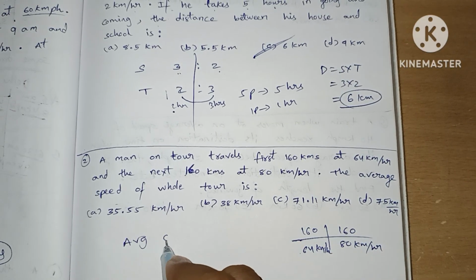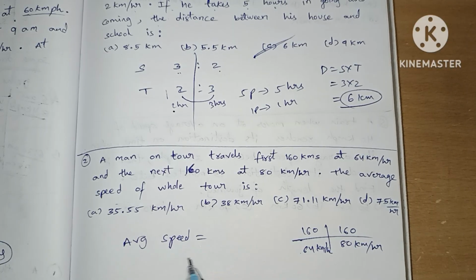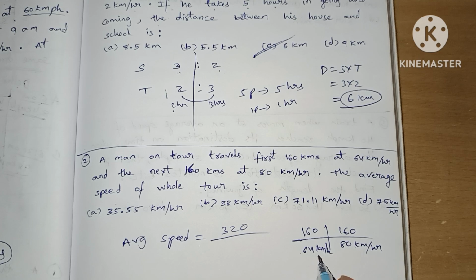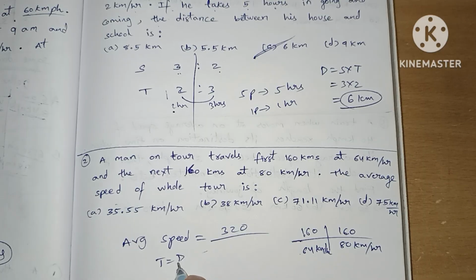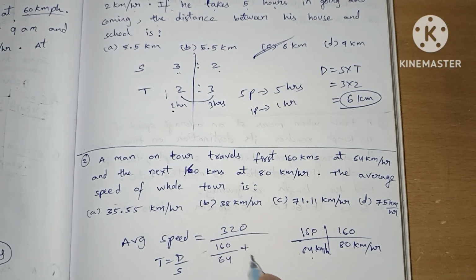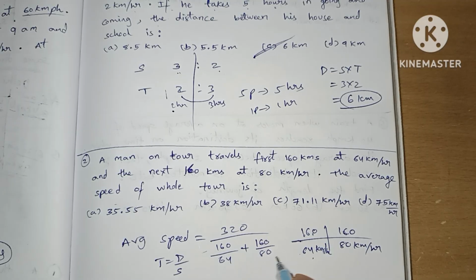Average speed equals total distance, 160 plus 160, 320, divided by total time. We have no time, but we can write time equals distance by speed. We have distance and speed, so 160 divided by 64 is t1, and 160 divided by 80 is t2.